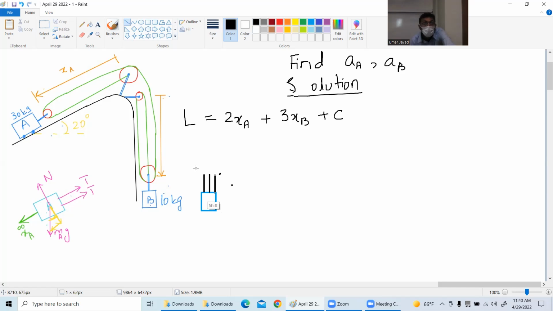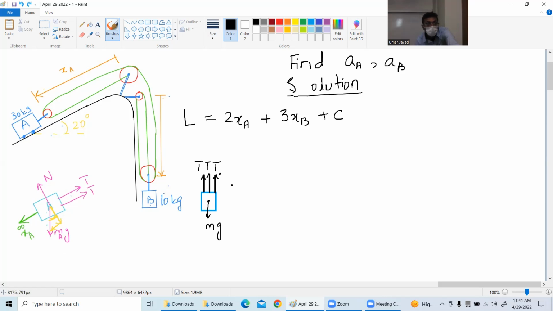Are you following me? Now I will have T, T, T, correct? The other one will be the mg. This is mg that is acting. If you make this, then it will become very clear to you. So this is T, T, T. Now, because this is the tricky one, there is a normal force because of the surface.